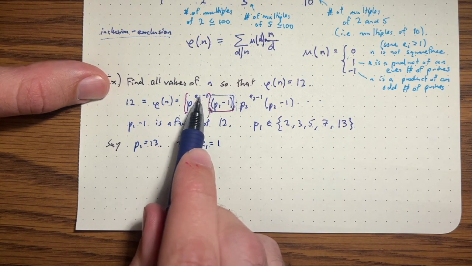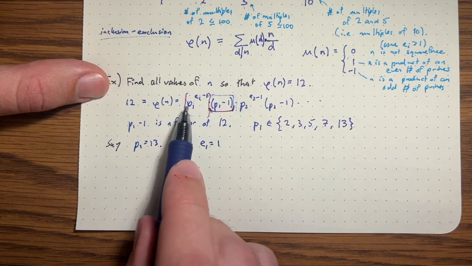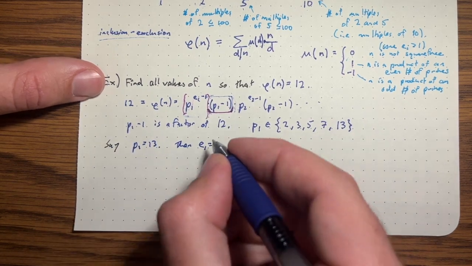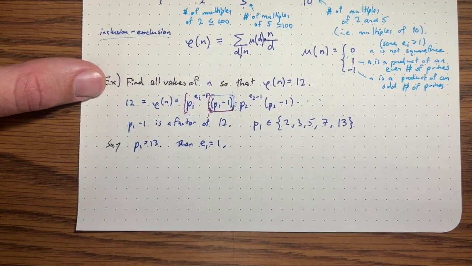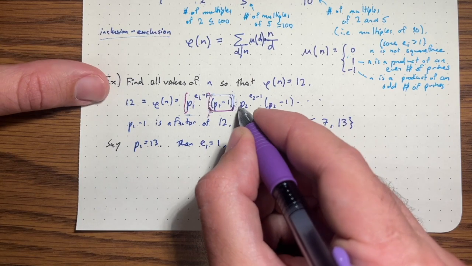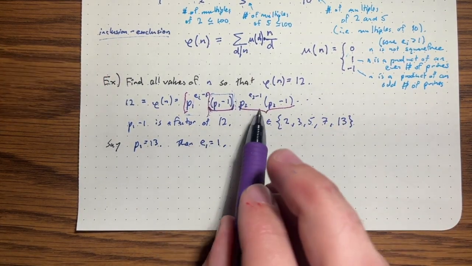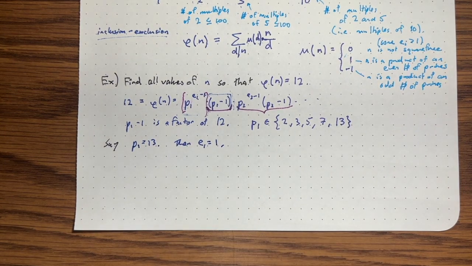If E1 were equal to 2 or more, we would get a 13 to some positive power. So this would be too large. Okay, so E1 has to be 1. And then it might first appear that we can't have anything else. But we actually can have one additional prime here. Do you see how we could do that?